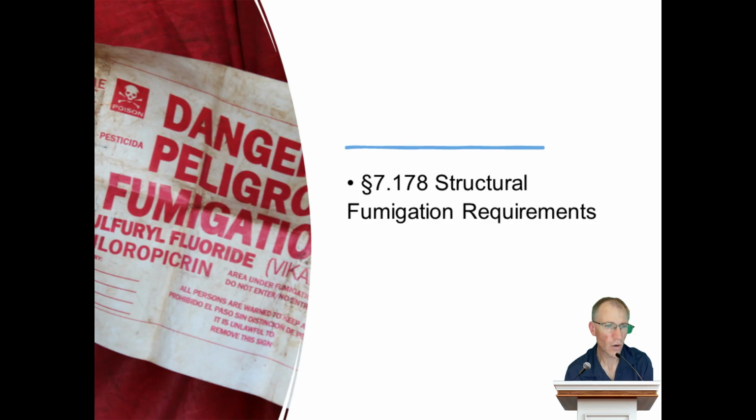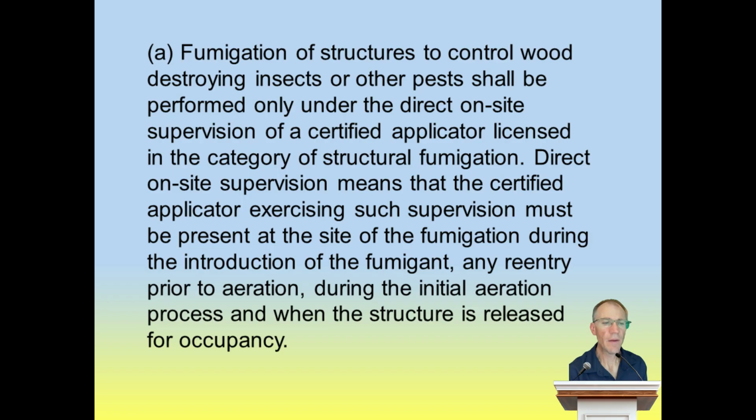7.178 Structural Fumigation Requirements. A. Fumigation of structures to control wood-destroying insects or other pests shall be performed only under the direct on-site supervision of a certified applicator licensed in the category of structural fumigation.